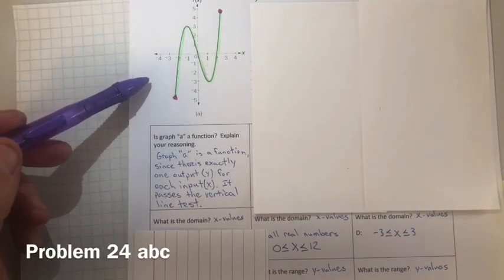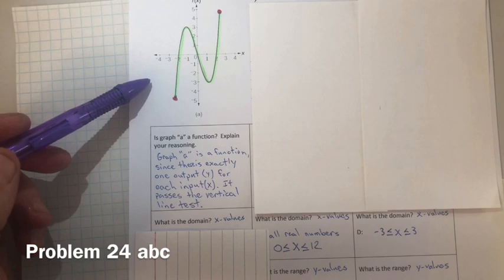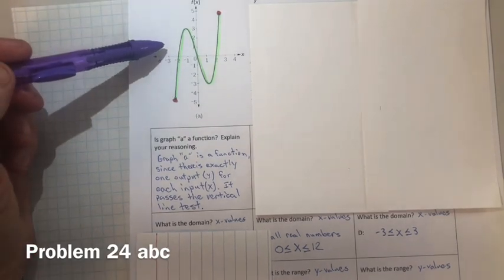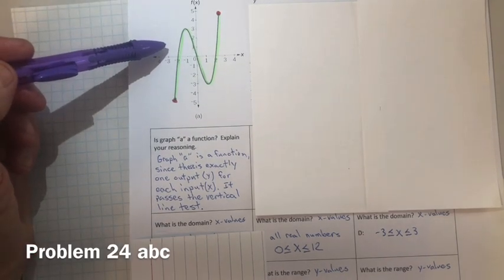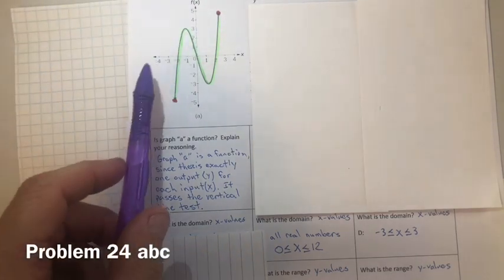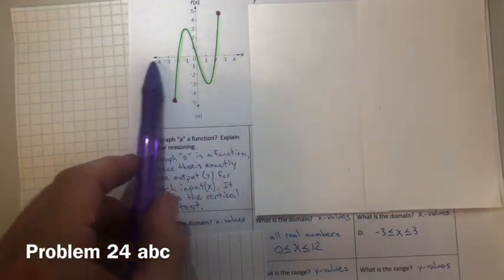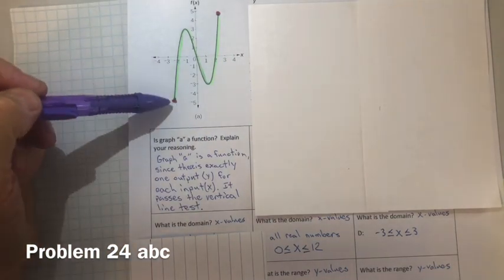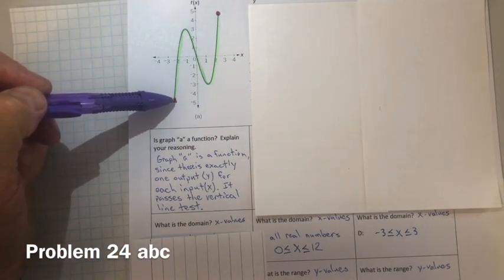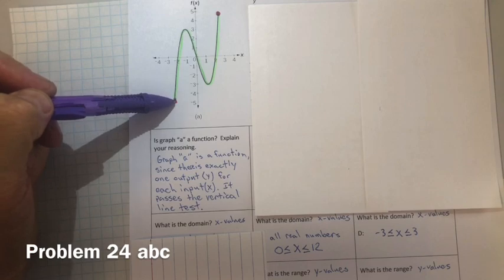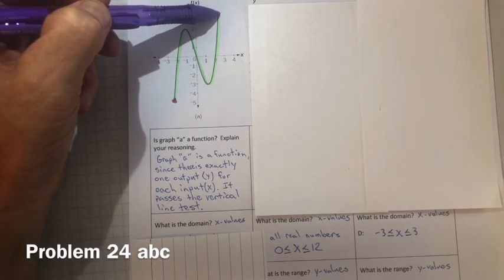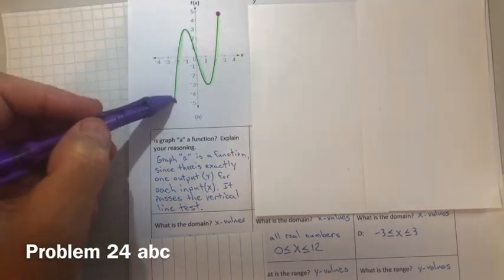For the next part, we need to determine what the domain is. That means the x values, all the possible x values. Well, the x values are all the values on the x-axis. Now, I'm going to show you 2 ways of doing it. One, if you have a solid point on the ends, and then if there's arrows.